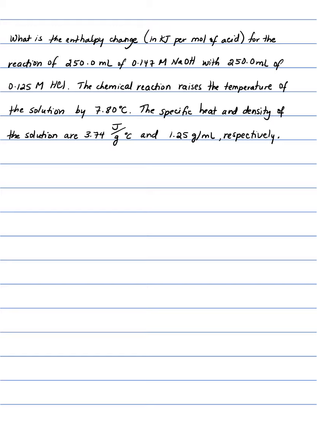So let's go over the problem. It's a little bit different from the calculation that we did before, because in the previous calculation, all of the numbers were given in grams. So when you were calculating the mass of the solution to plug into the equation, you were just adding the masses for your solute and the solvent, and that gave you the total mass of the solution.